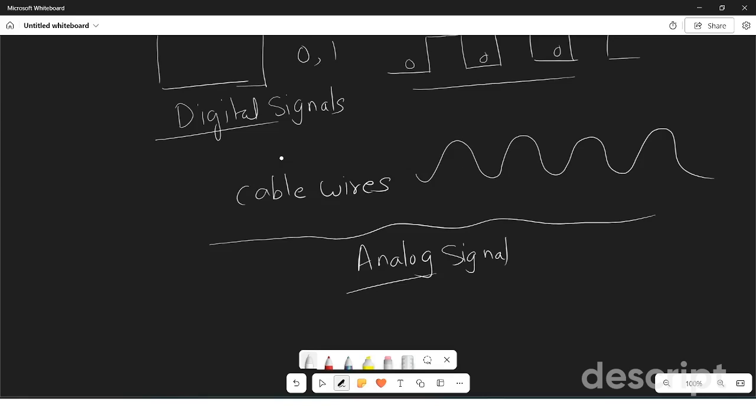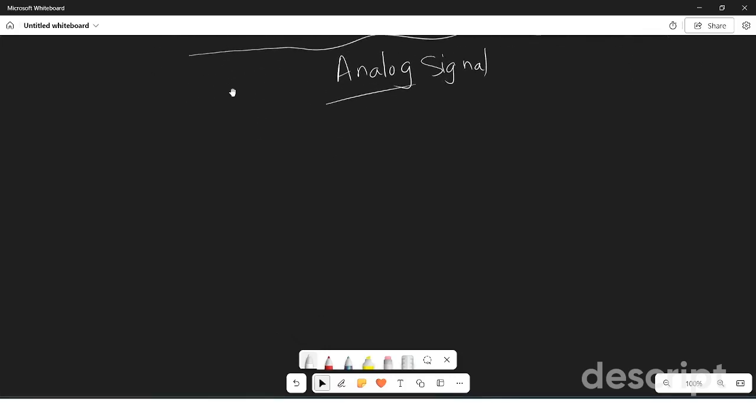A computer is digital, it carries the digital signal. So for digital to analog, we need some converter. That converter is basically our modem. So what happens is, this is a computer, and from the computer we have the digital signal.